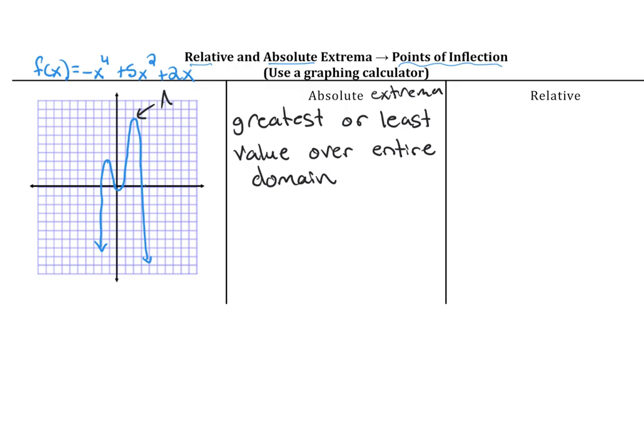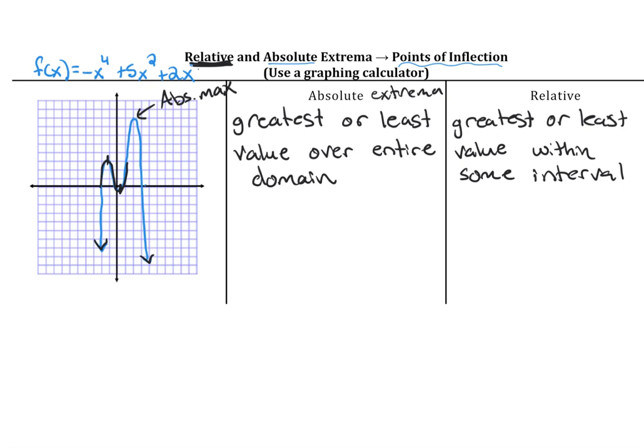That is called an absolute maximum point. And because these go down forever, there is no absolute minimum. But now, what is going on here? It's reaching a maximum, coming back down. Wherever we're changing directions, that is your relative extrema. So that definition, it's the greatest or least value within a certain interval.